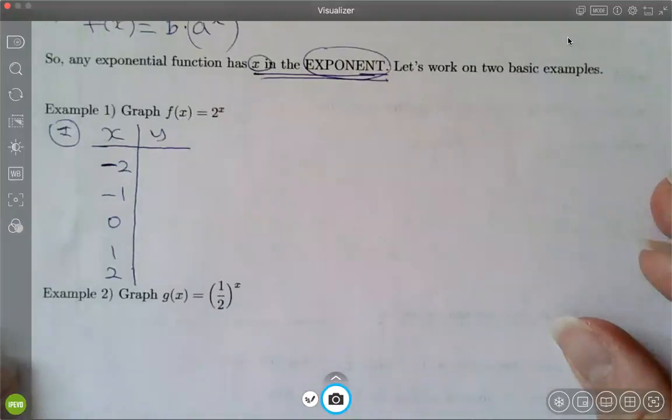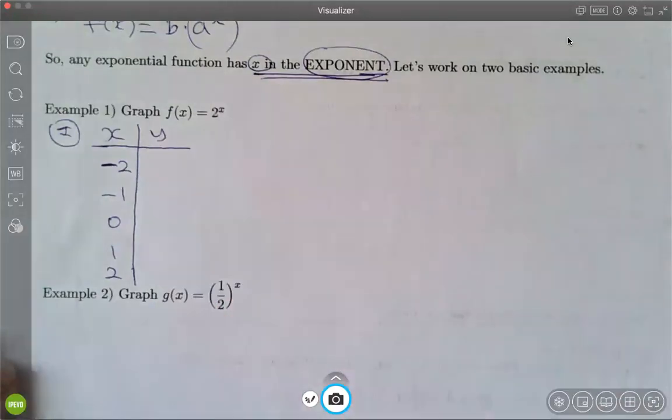What's the value of y when x is equal to 2? 4. 4, yes, do you see that? 2 squared, right?